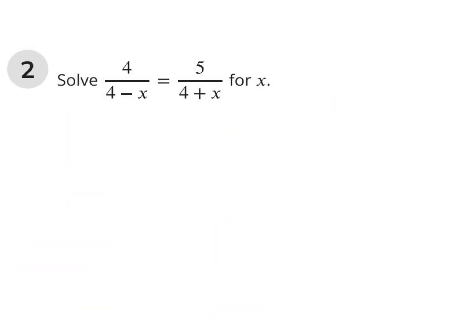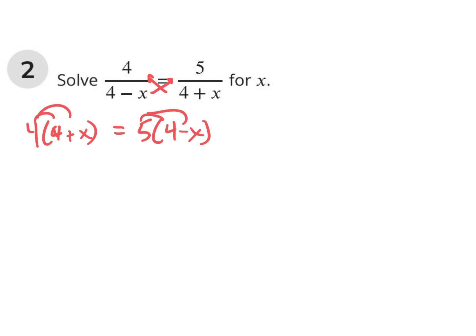Looking at number 2, cross multiply. 4 times 4 plus x equals 5 times 4 minus x. Distribute. Move the numbers to the right.